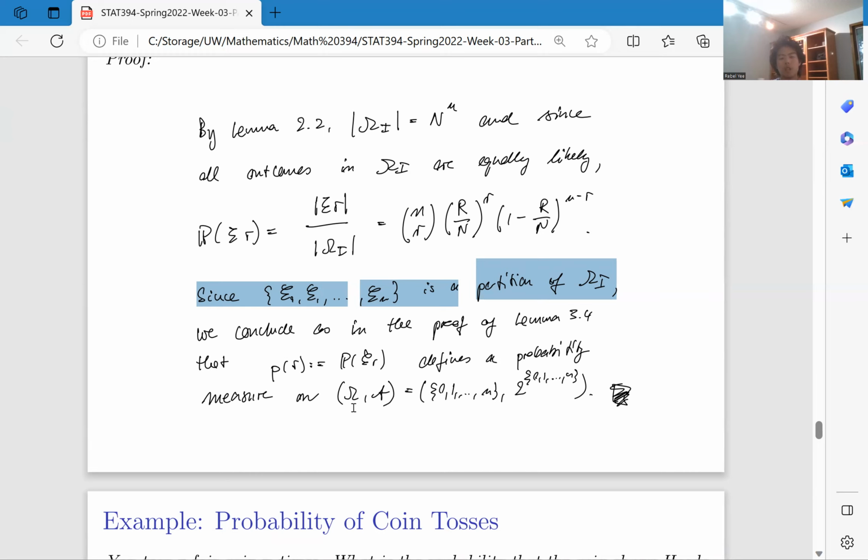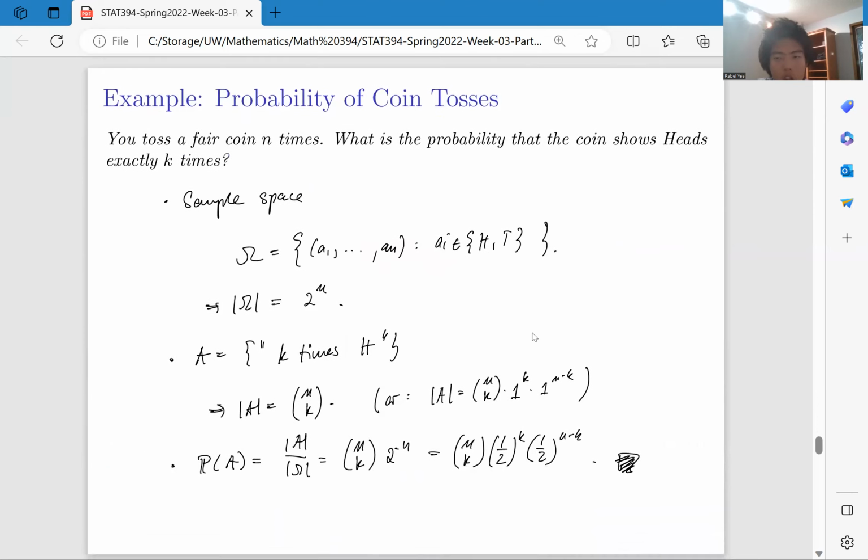And we can now say the sample space is 0 to n, with its power set to be the event space of omega. That was solved.